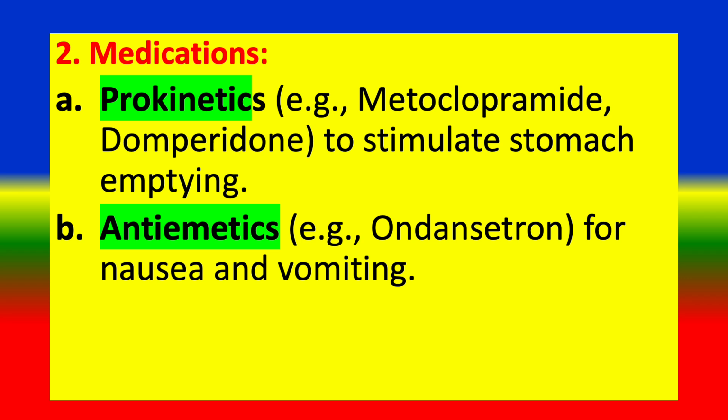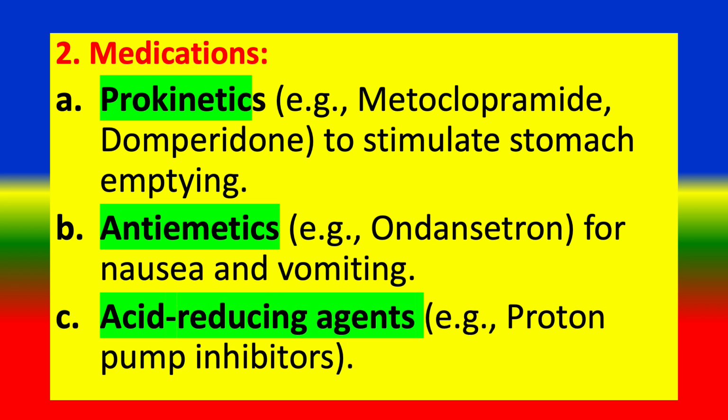B. Antiemetics, for example ondansetron, for nausea and vomiting. C. Acid reducing agents, for example proton pump inhibitors.